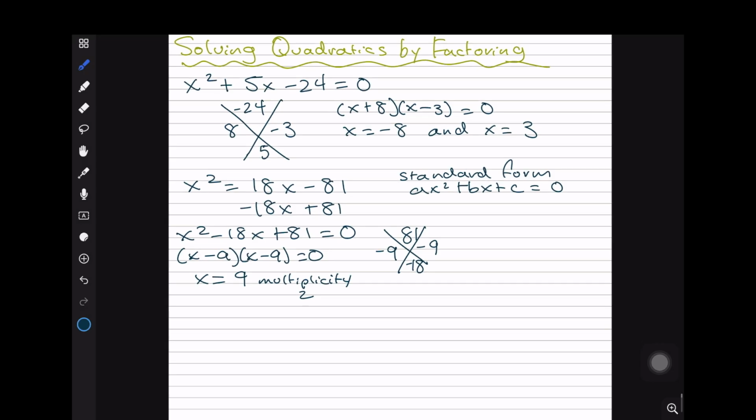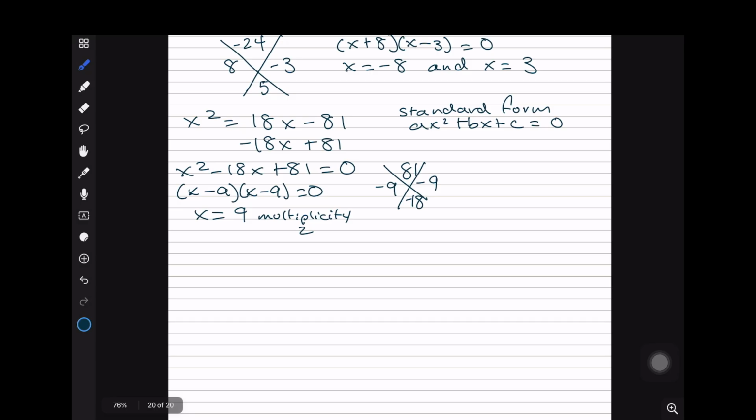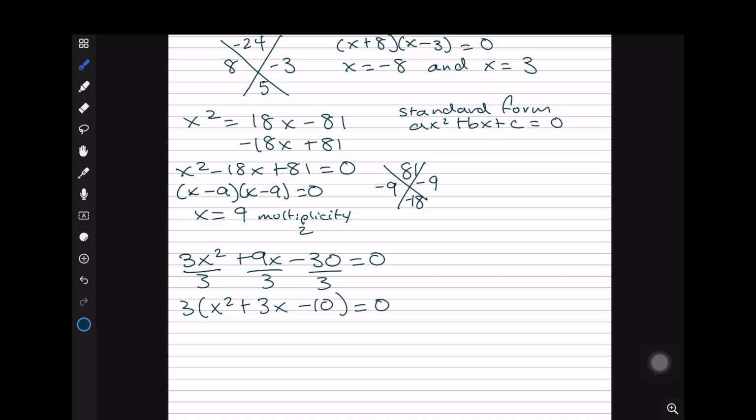Okay, so now take this other example. Take 3x squared plus 9x minus 30 equals 0. The difference here is your coefficient. The first one is not a 1, it's a 3. So again, apply the big X method. Or right off the bat, you can factor out 3 because all of those terms, A, B, and C, can be divided by 3. So just factor out a 3.